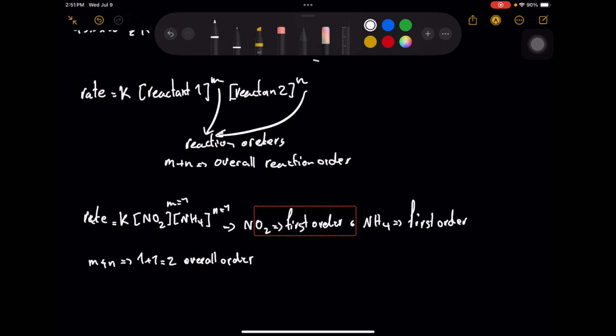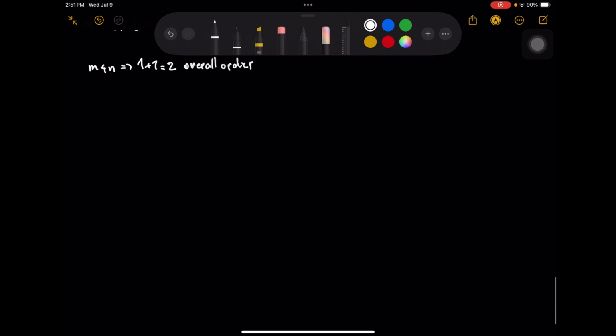So if we have a set of data, I want to give you an example.